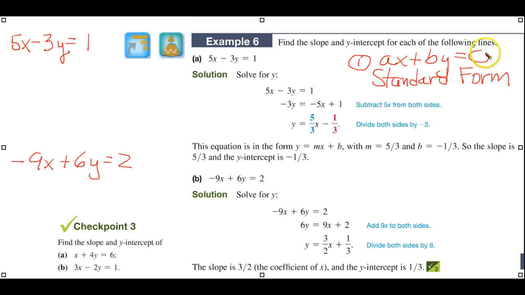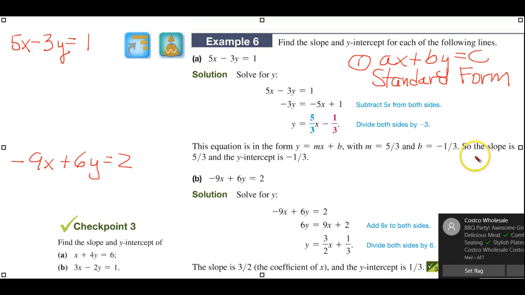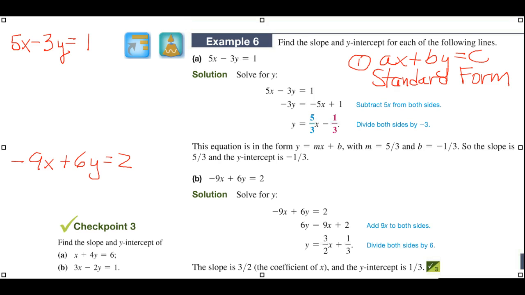And when it's in standard form, it's hard to pick out what is our slope. So what we do is we solve it for the letter y, putting it in slope-intercept form. And then we can easily pick out our slope and our y-intercept if needed.